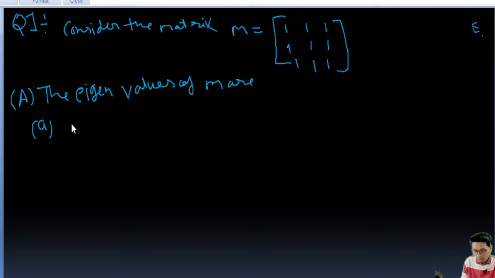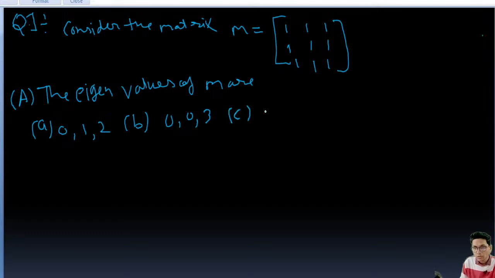Okay, options are A: 0, 1, 2. Option B is 0, comma 0, comma 3.